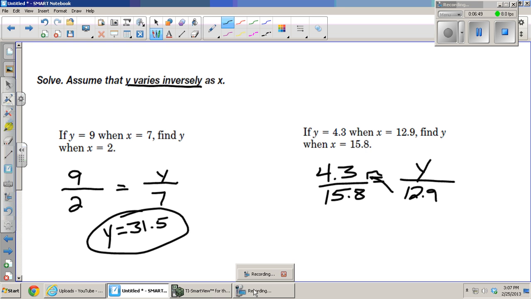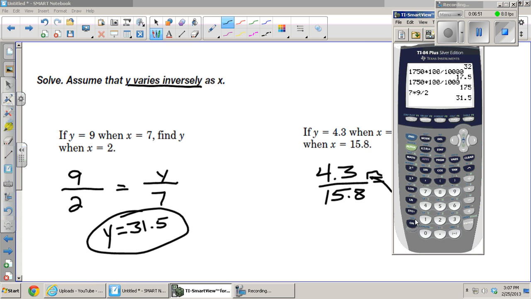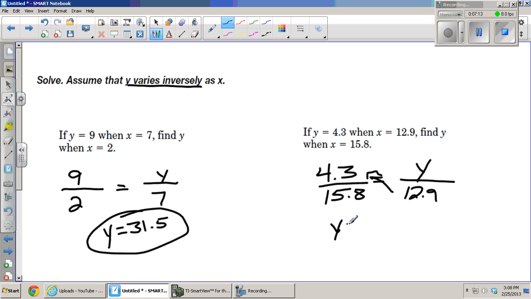So I'm going to go 12.9 times 4.3 divided by 15.8. I hit enter, and I get this big long number. We'll round that off to 3.5. So y equals 3.5. And that's how you're going to do inverse variation.